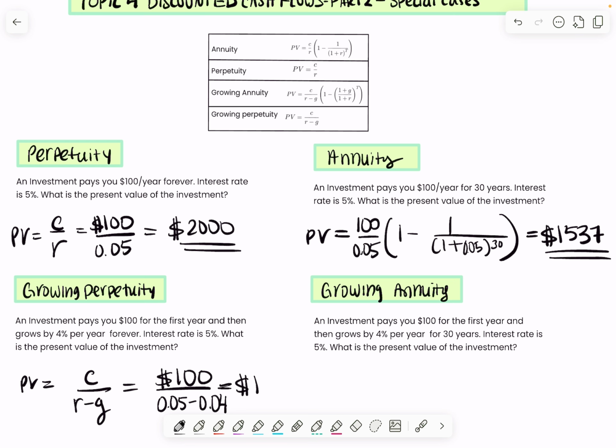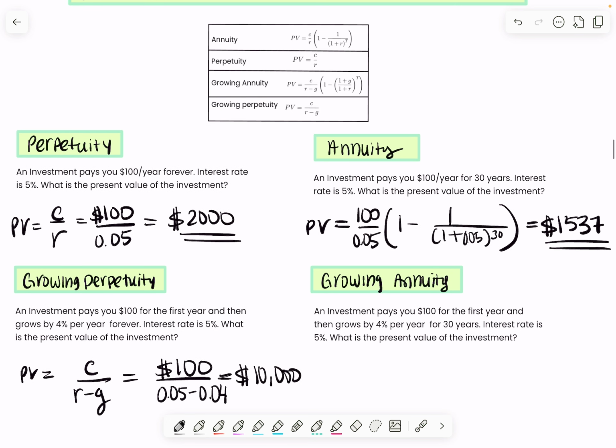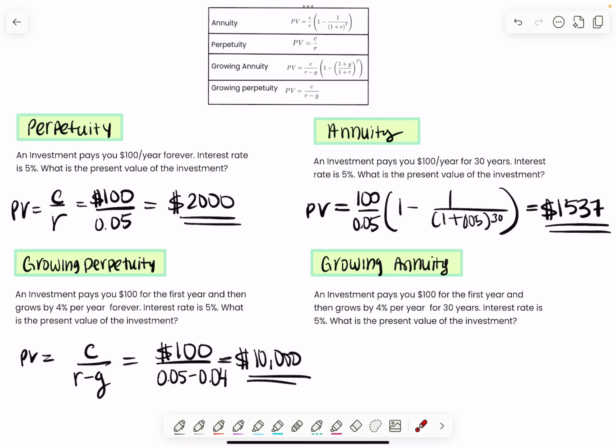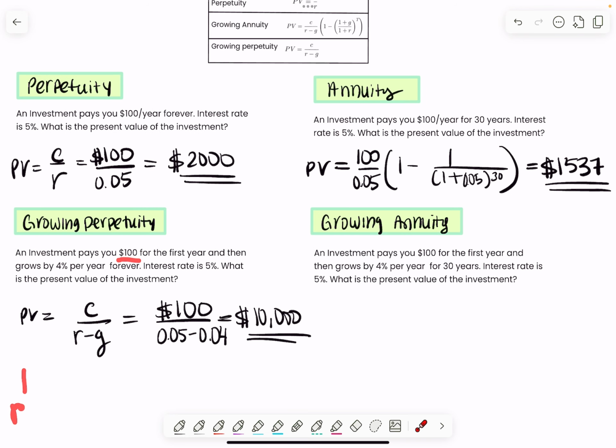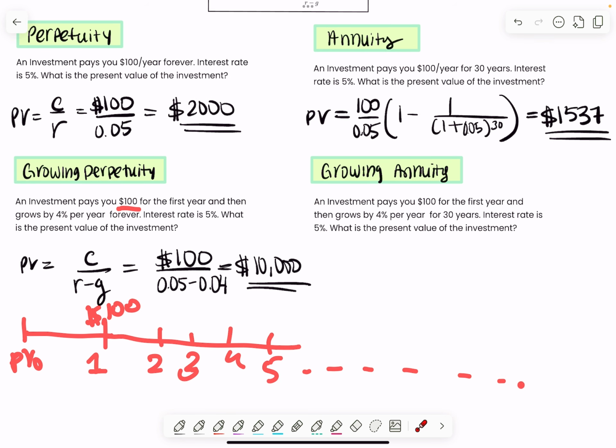So if you put that into a calculator, you're going to get $10,000, meaning that an investment that's going to pay you $100, so this is the present time, in year 1, it's going to pay you $100 for the first year, and then the years are going to continue on forever, but the amount that they pay you is going to grow by 4%. So it's going to be $100 plus 4% of that, and so on.